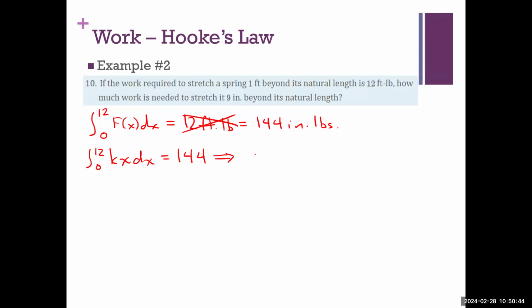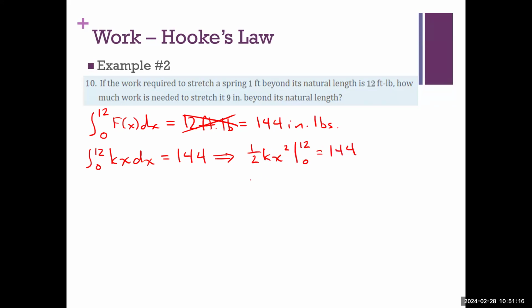When you do the integration, the integration is going to be 1/2 kx squared. Okay, so that's one thing I wanted to talk about. Are we allowed to do this integral even though we don't know the constant k? What do we know about k? It's a constant, so I can integrate around it basically. So 1/2 kx squared evaluated from 0 to 12 equals 144.